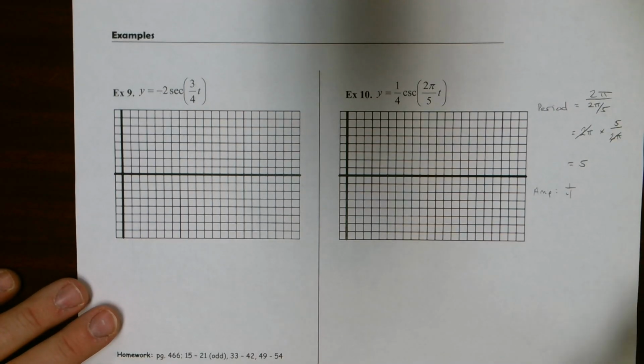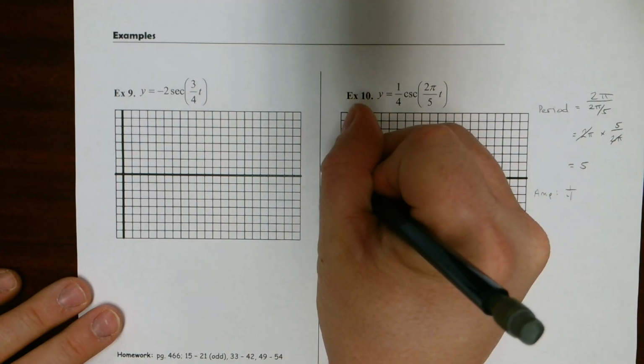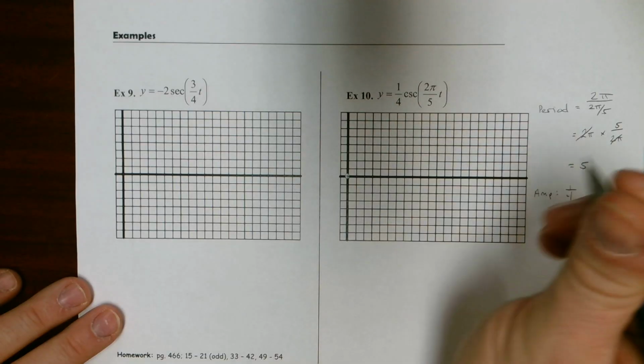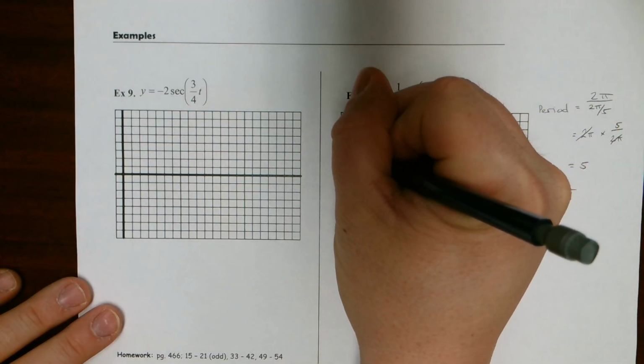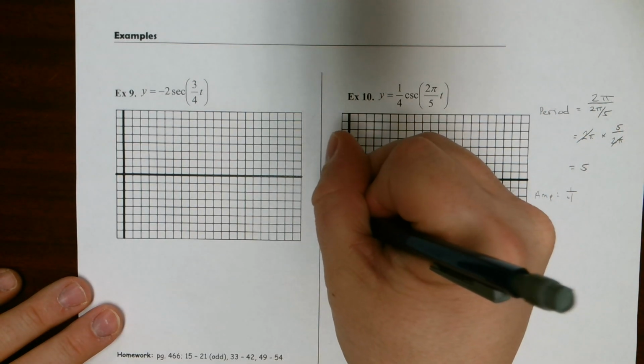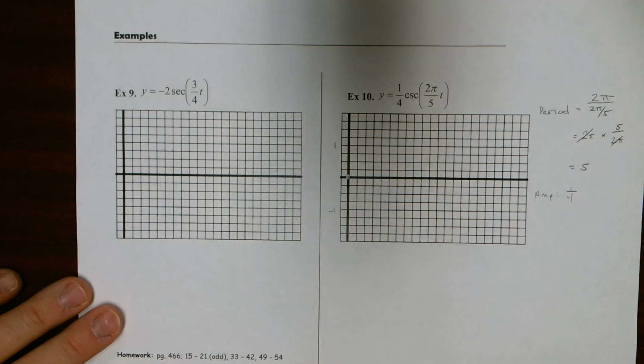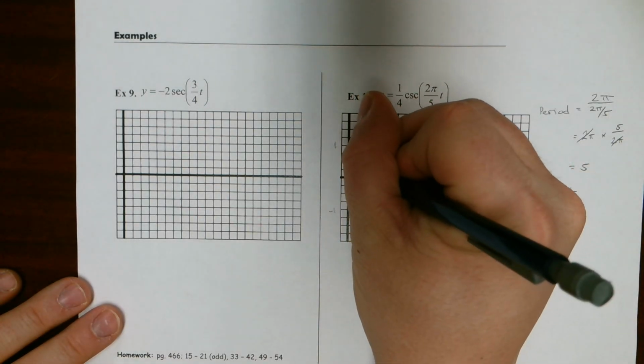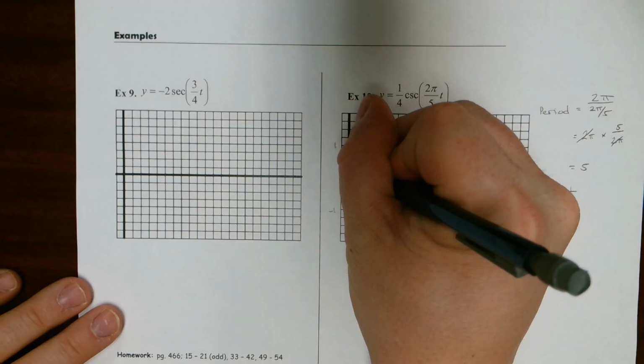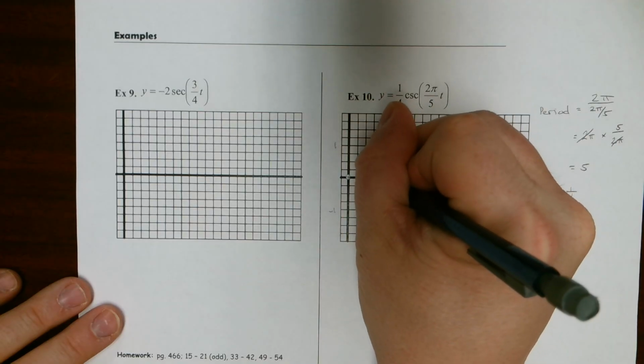So let's go ahead and start drawing sine. So if I say sine's going to start at the origin, and there's 1, there's -1, our amplitude is 1/4. It's going to go over every 2 spaces.